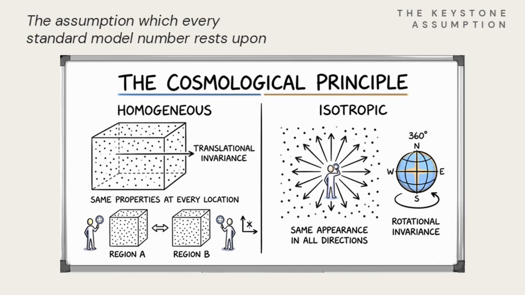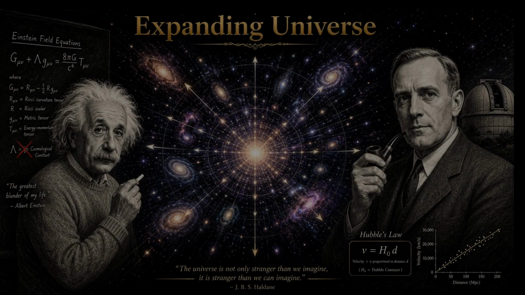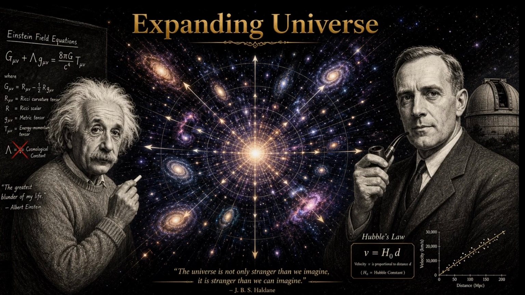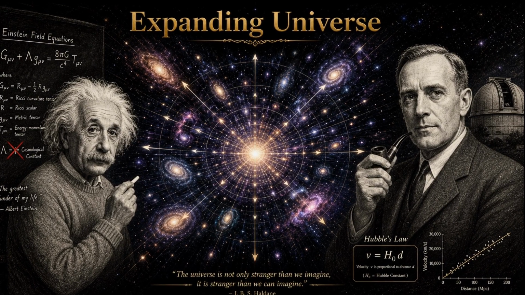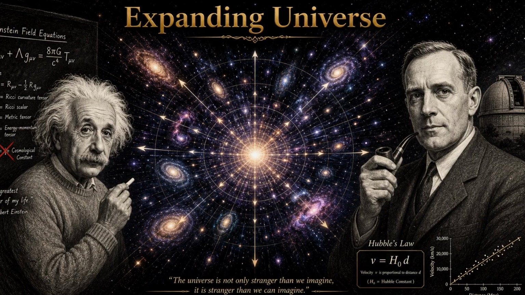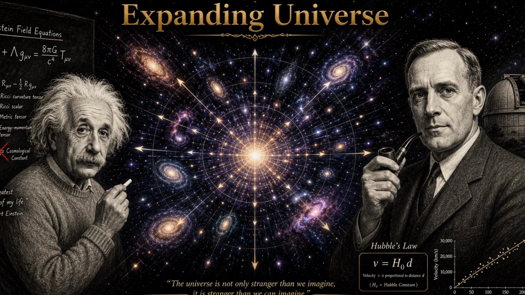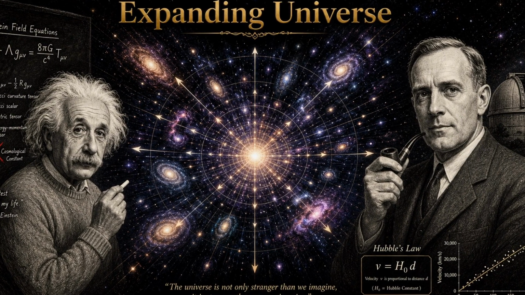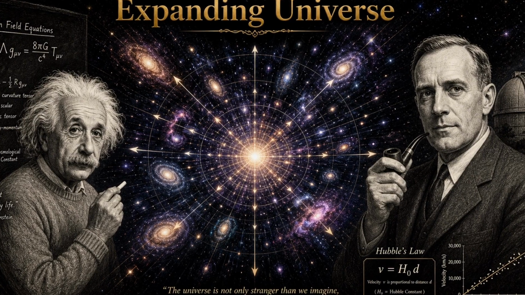His field equations of general relativity are extremely difficult to solve for an entire universe. The cosmological principle made them solvable, allowing Einstein, Friedman, Lemaitre, Robertson, and Walker to reduce the full complexity of the field equations to a single metric, the FLRW metric, describing a uniformly expanding or contracting space.